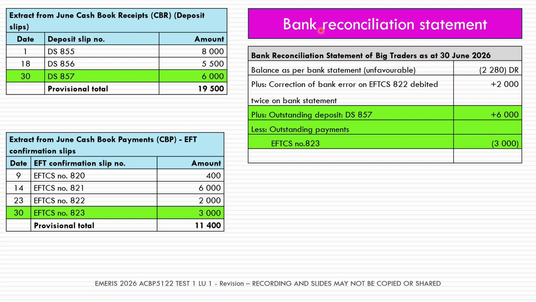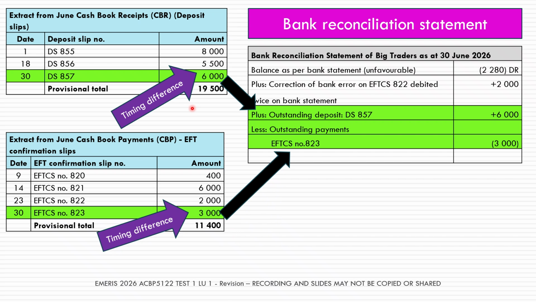So here is my bank reconciliation statement, and now I'm going to include these 2 timing differences on the statement. The outstanding deposit will be added here, and the outstanding payment will be deducted from the bank reconciliation statement.